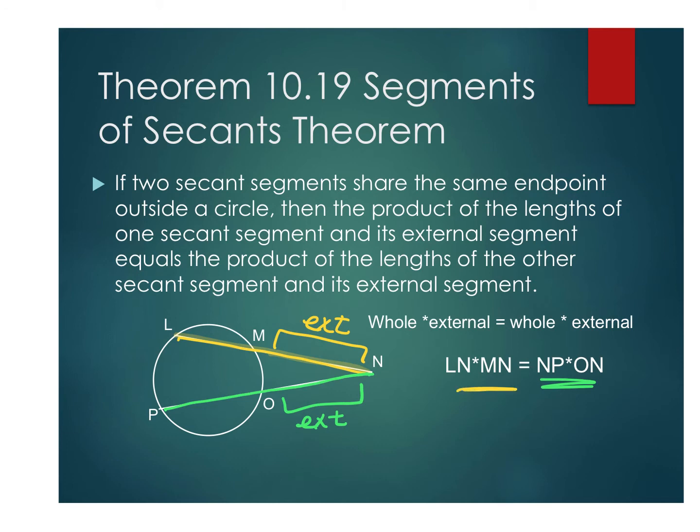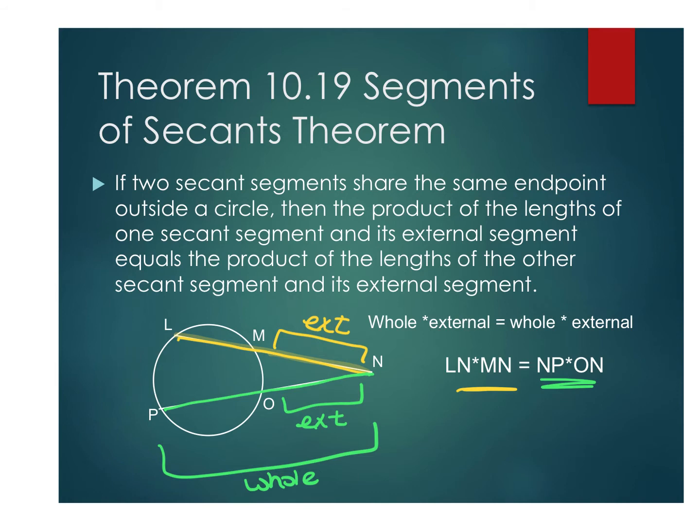So you're going to multiply the whole thing times its external piece. So remember, the whole thing is the PN, and then the little piece that's outside of the circle is the external piece. So this is when you have two secant segments.